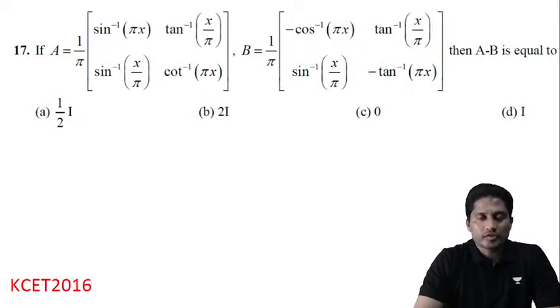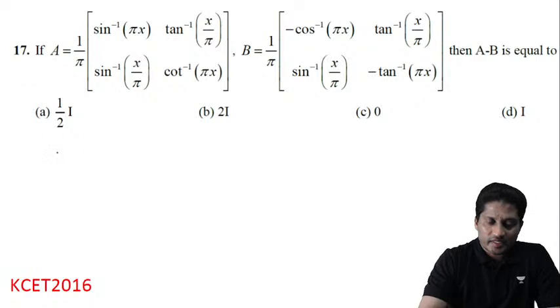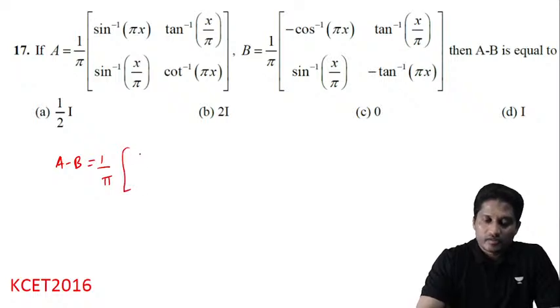Okay, supposed to find a minus b, right? This question is a standard problem of NCERT exemplar. If you subtract a minus b is equal to 1 by pi, a constant. Now if you subtract sine inverse of pi x, minus and minus is plus, get cos inverse of pi x.